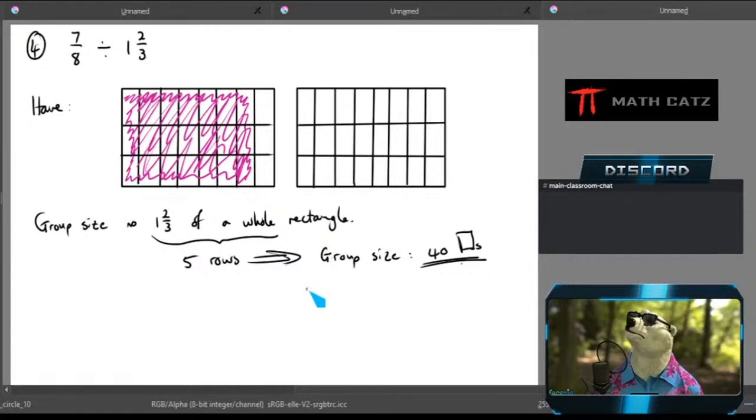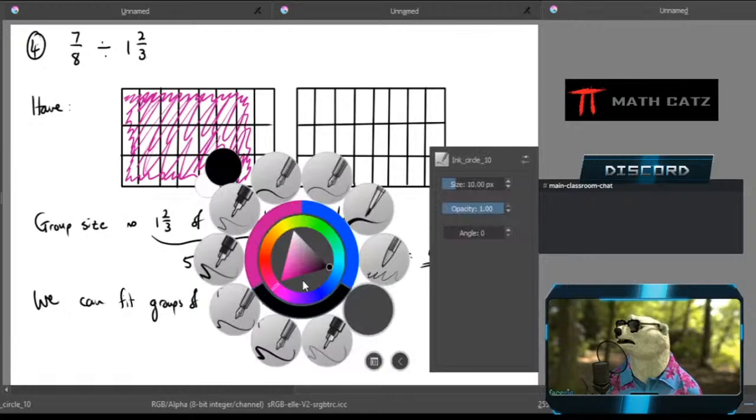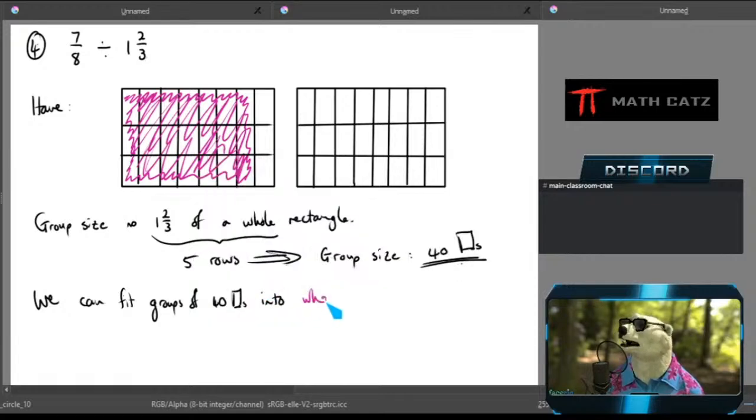So now, the instructions are telling me to see how many times I can fit a group of 40 pieces into what I have. Let's at least write that down. We can fit groups of 40 pieces into what we have.